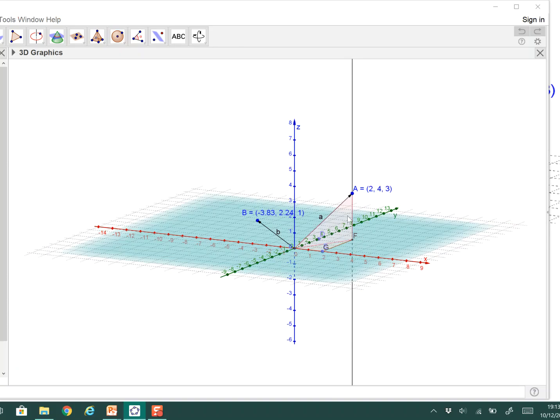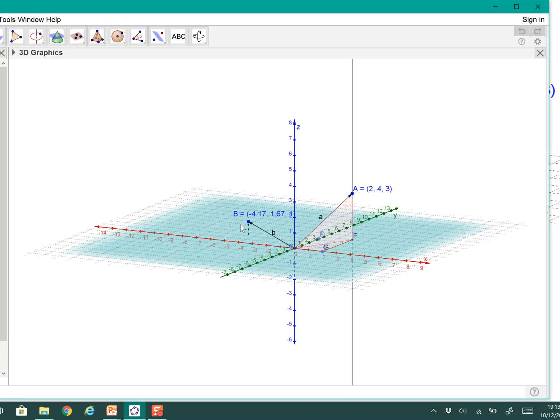OK, here you can see that I've got some vectors in 3 dimensions. I can move them around and you can see their coordinates changing. Here I've got the vector OA, which is (2, 4, 3). If I want to find the size of this vector, I need to look at 2 right-angled triangles. Looking at this triangle here, you can see that the length OF is going to be the square root of 2 squared plus 3 squared.